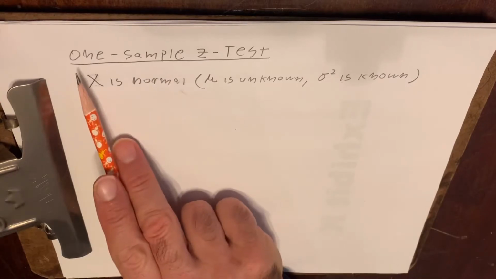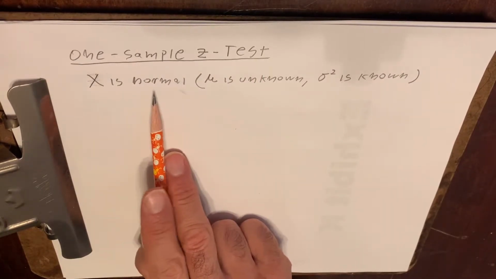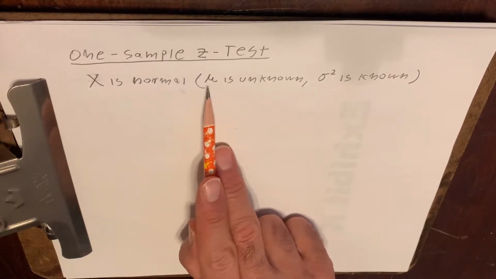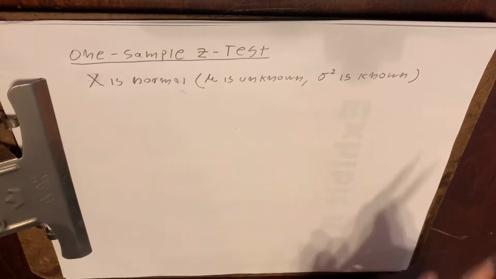So we begin with the one-sample z-test. We will assume that x is normally distributed and the population mean is unknown, but the variance is known.